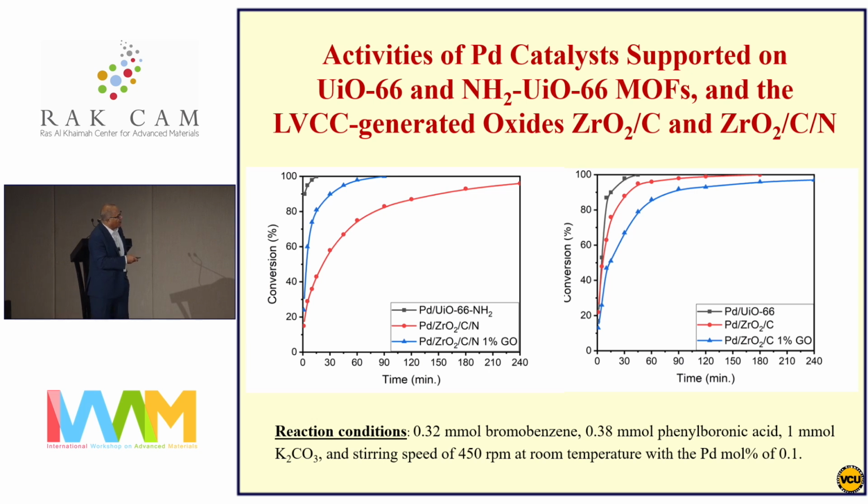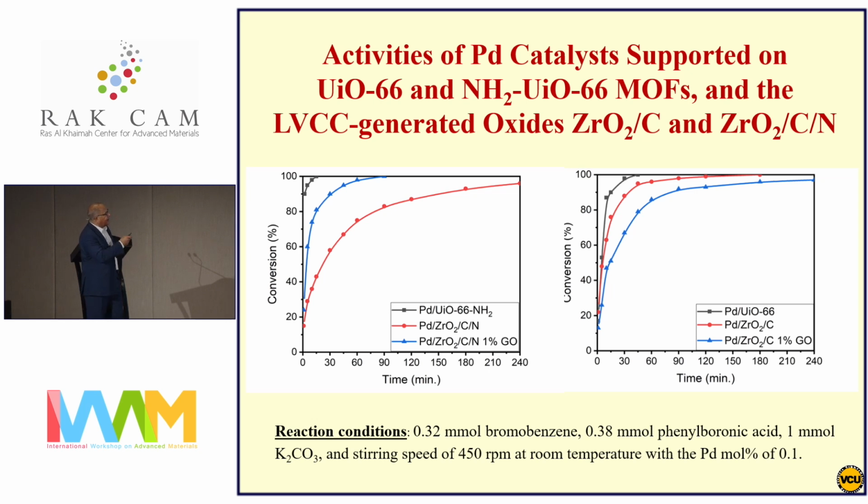If we go to the UiO-66 without the amine, same thing, very active as a MOF support, but this is a homogeneous system. But after laser vaporization, we converted to oxide, zirconium oxide with carbon, and we can see less activity, but still not very much less activity.